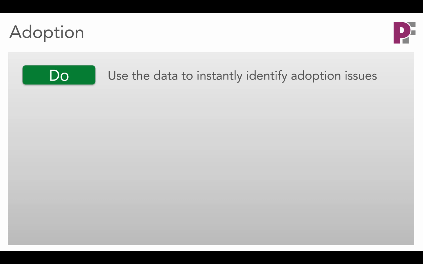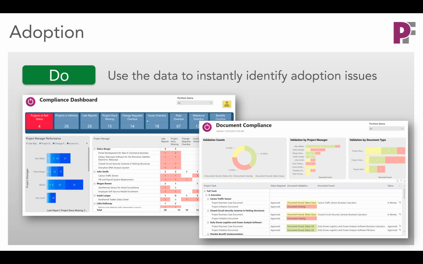I'm showing you here a couple of sample dashboards from our own Power Framework application: our compliance dashboard showing compliance issues by project manager, those that have late or overdue status reports, documents missing, risks not updated and whatever else, or our document compliance dashboard instantly identifying projects where documents are missing or haven't got the right sign-off status. So the PMO isn't wasting time figuring this out and can rather spend that time working with people and improving their tool adoption and the overall maturity of process.